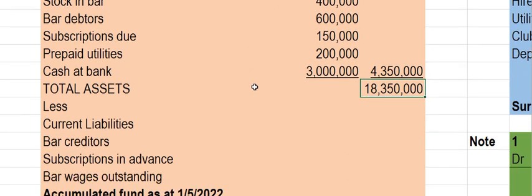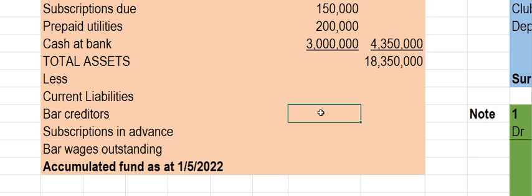The current liabilities, of course, here we have the bar creditors. The opening balance is 500,000 as per the information given. Subscriptions in advance. The club received some subscriptions from the members in advance. This is a current liability to the club. Income received in advance, the current liability. The subscriptions in advance, they received the 300,000 in advance.